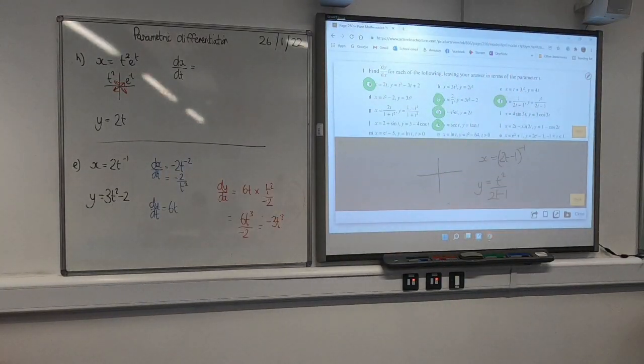The only difference between the product rule and the quotient rule, there are two differences. It's a minus rather than plus, and you're dividing by v squared. Quotient rule.